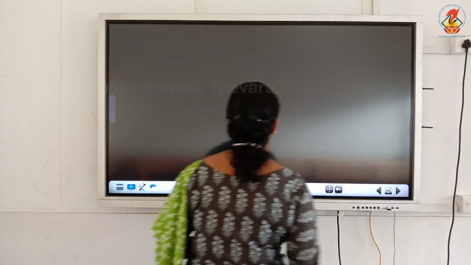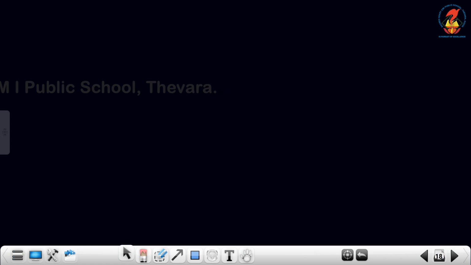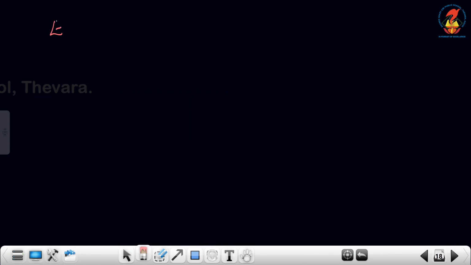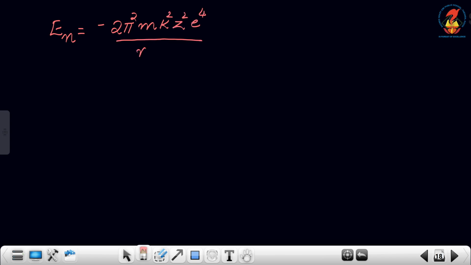We have studied that the energy of the electron in the nth orbit of a hydrogen atom is given by En equals minus 2 pi square m k square Z square e raised to 4 divided by n square h square. In the case of the hydrogen atom, the value of Z is 1.